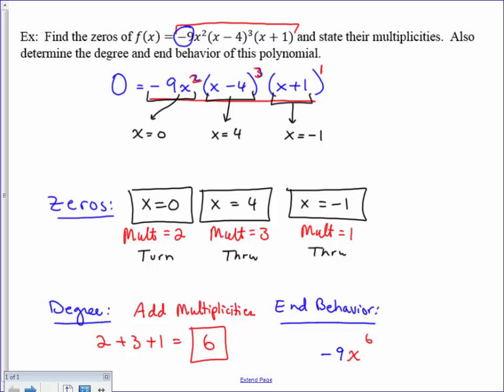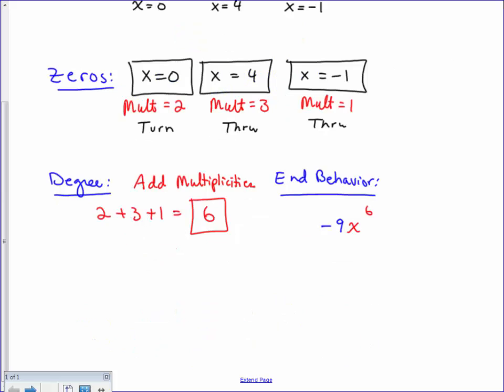I'll go ahead and write negative 9, but the only thing that's important is that it's negative. That being the case, we basically have a negative times x to an even power. That means that the end behavior, it being even, means the ends are both pointed in the same direction. It being negative in front means that they would both be down.